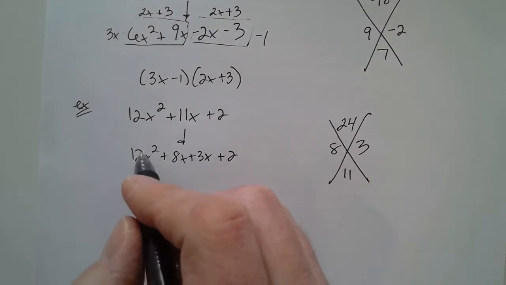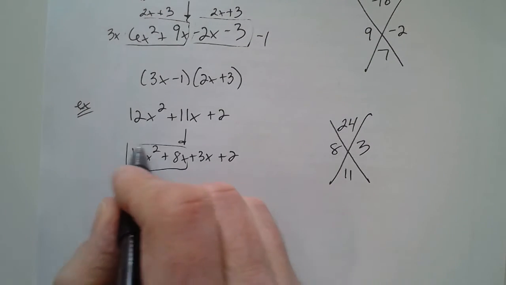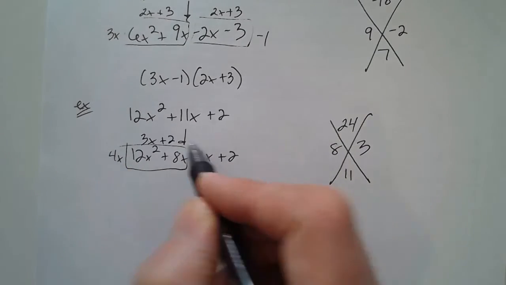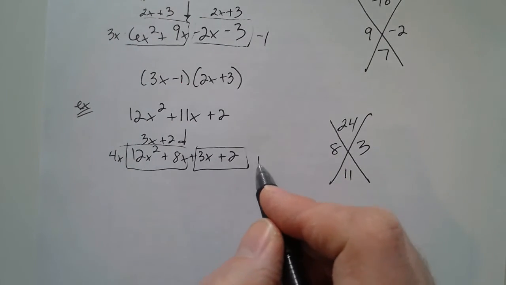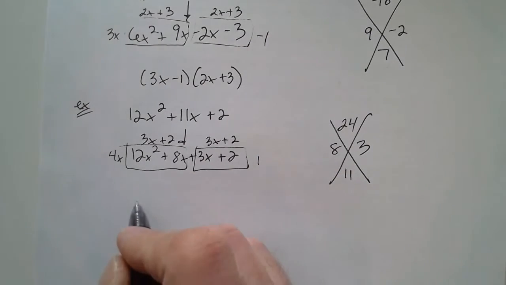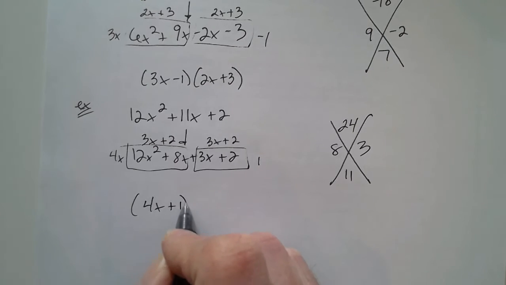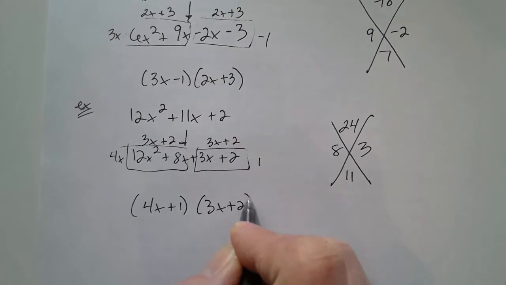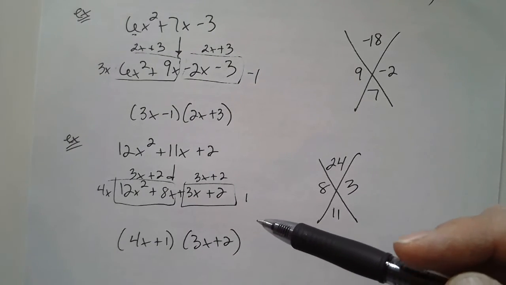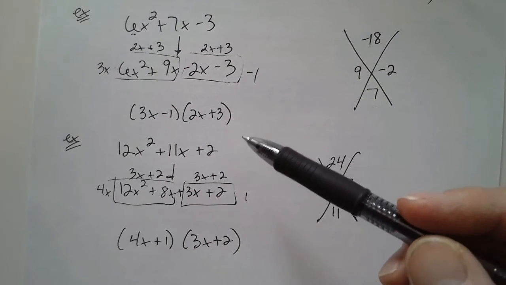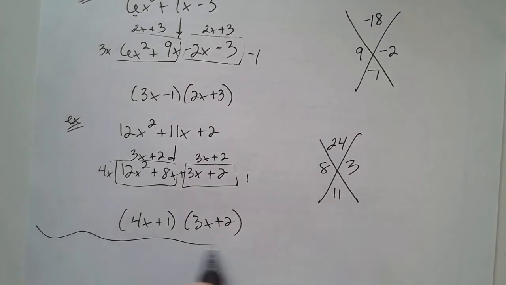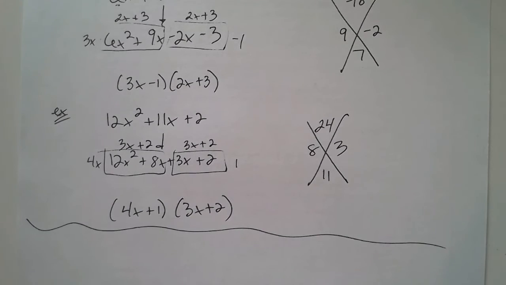Factoring by grouping, I could take 4x out here, left with 3x plus 2. I could take a 1 out, and I'm left with 3x plus 2. So it factors to be 4x plus 1 times 3x plus 2. You won't see a lot of these in 7.3. Most of what is in 7.3 is greatest common factor and just regular diamond problems. Maybe a little bit of difference of squares.